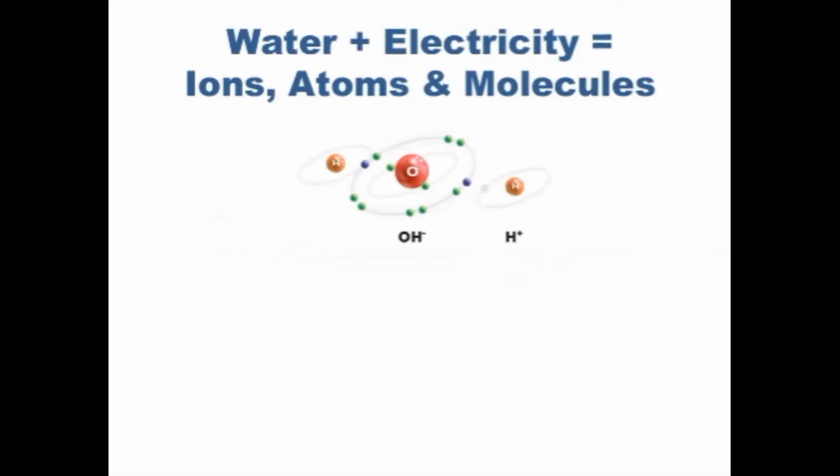When electricity passes through the water and the molecules split, we get two ions: an OH negative ion and an H positive ion. But sometimes when the water and electricity come in contact with one another, we can actually get an atom of oxygen and a molecule of hydrogen.